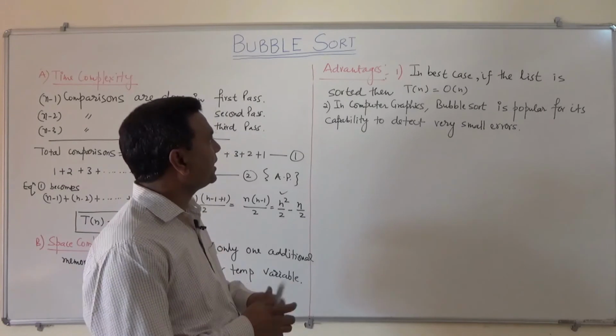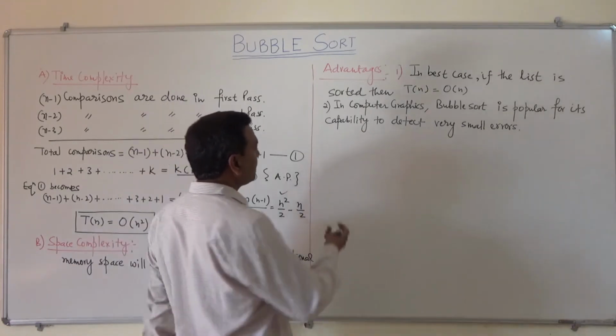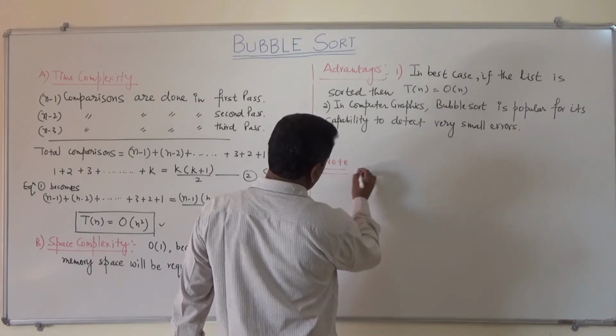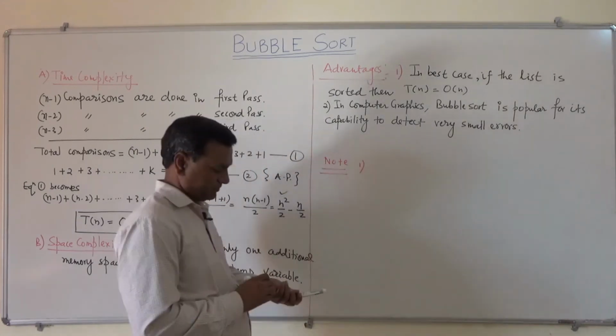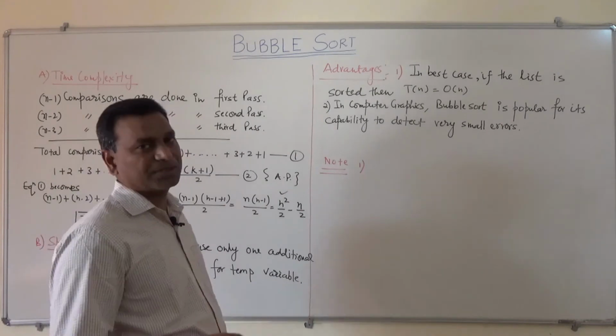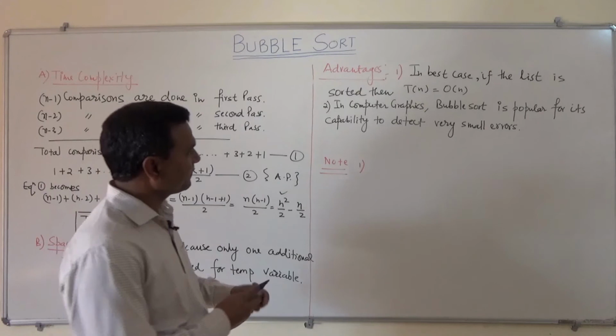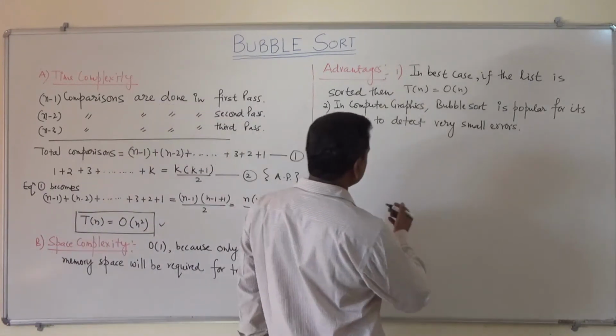Now we have to note one thing: there is another sort, that is odd even sort, which is the parallel version of this bubble sort.